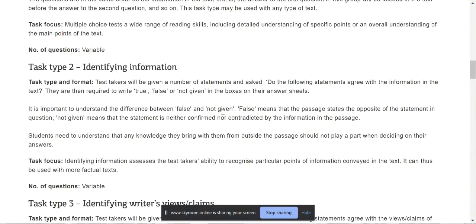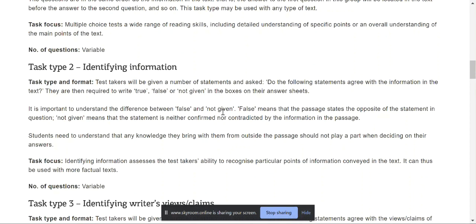Look, these two types of questions, which we will see soon, have some differences, but the general idea is the same. In true, false, not given, they will give you a sentence about one of the paragraphs, and they ask you, is it true?